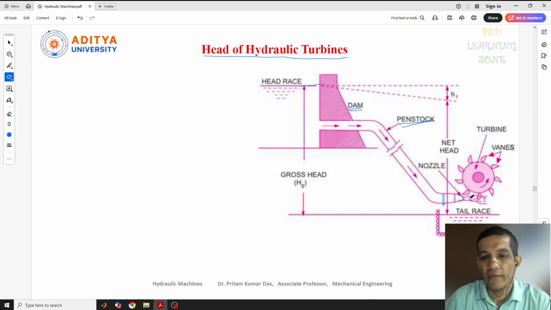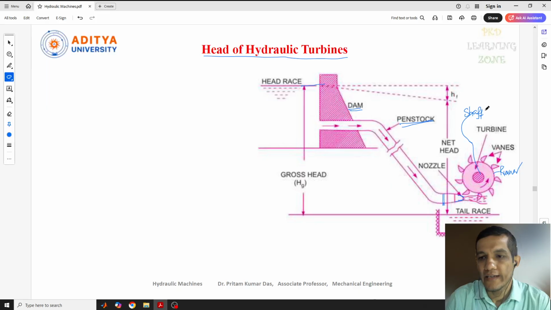Due to the high velocity of this water, in the turbine, this is called a runner, and this is the shaft, and these are the vanes or buckets, and the whole thing is called the turbine.